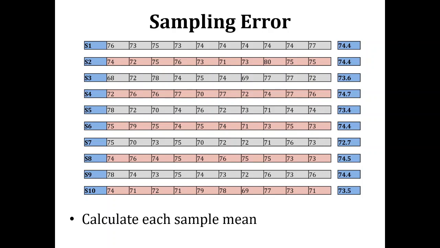Now we are going to see the distribution of these means. The sample means range from 72.7 millimeters to 74.7 millimeters. So the lowest mean is 72.7, and the highest mean calculated from those smaller samples is 74.7 millimeters. This is the range in which the sample means lie.